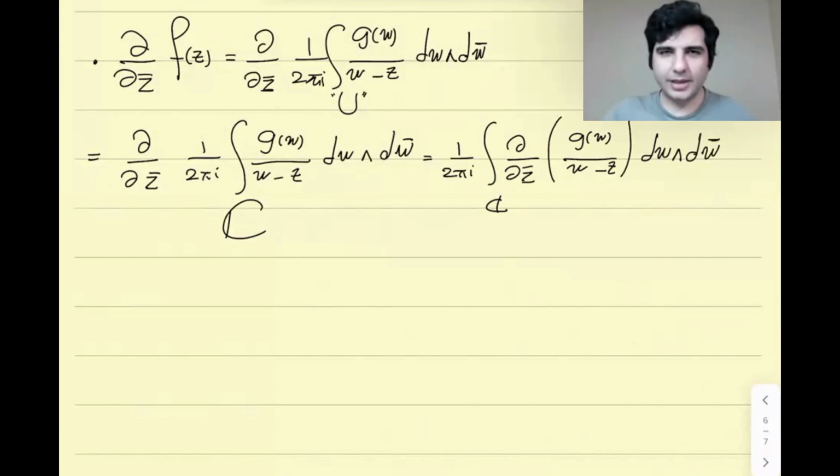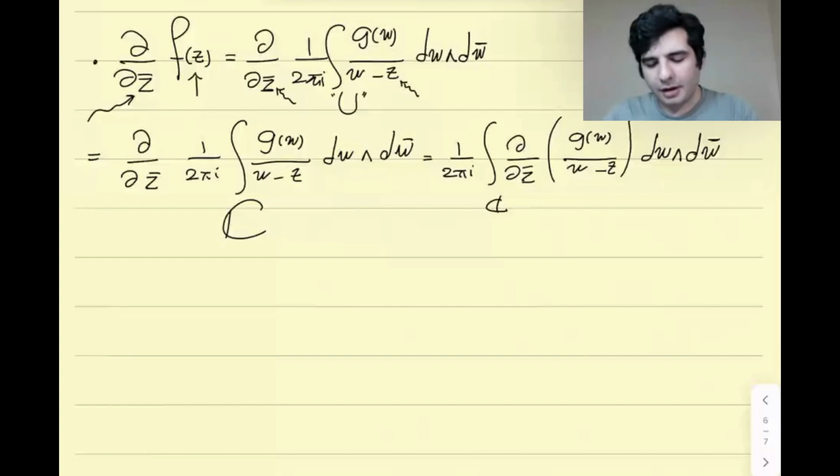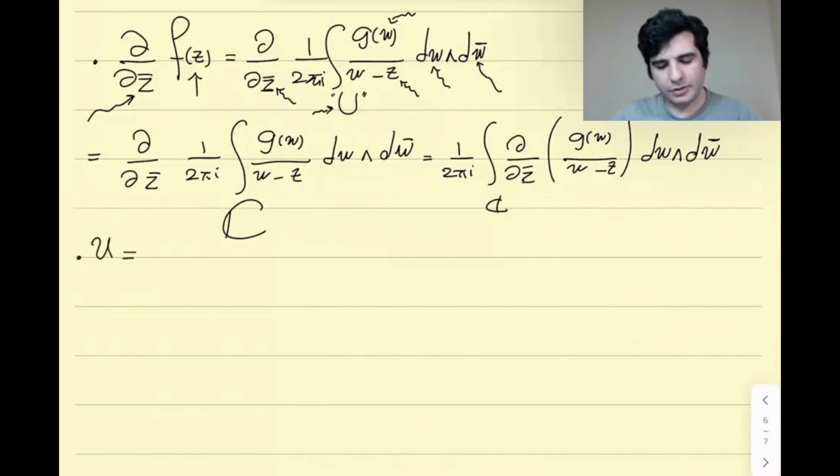Now, this is a bit tricky. The whole point is just playing with variables. Note that here, the function is defined with respect to z, which we would also see here. The derivative is with respect to z bar, which we also see here. The integral is defined with respect to w, which we see here and here. So w is living inside U. Now I'm going to define a new variable u to be w minus z.